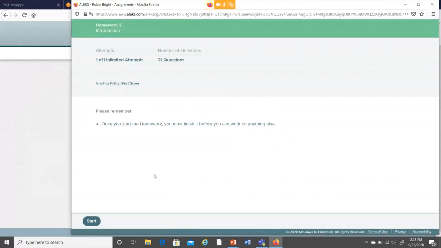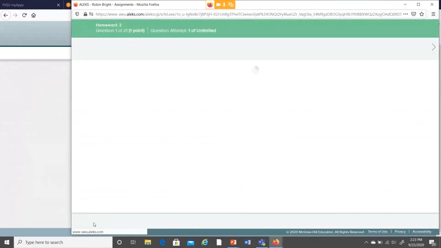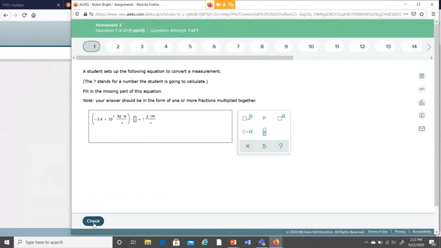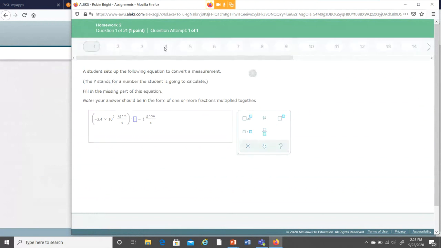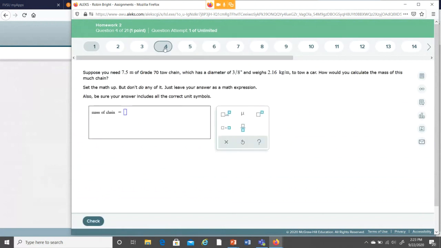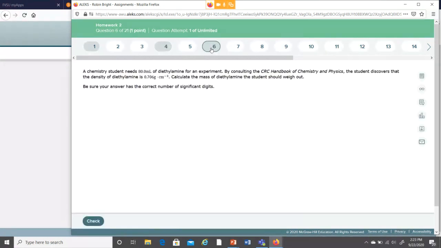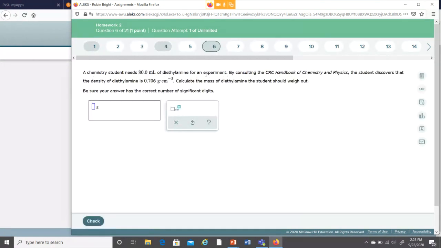I just want to show you, I don't know why I'm looking in particular for a density problem, but I am. Okay, so for this problem here, I would write down a student needs 80 milliliters. Milliliters is a unit of what?